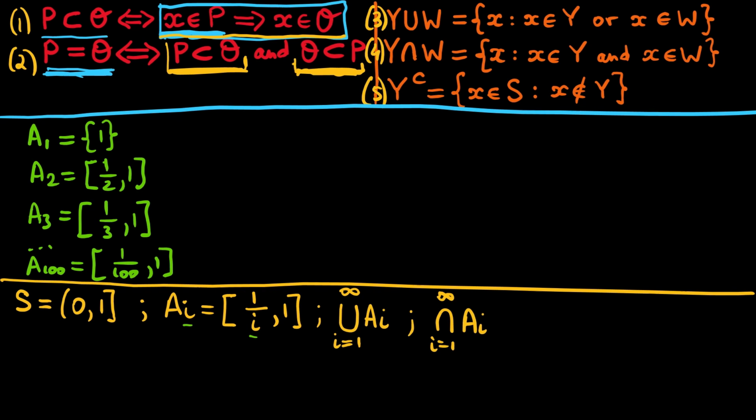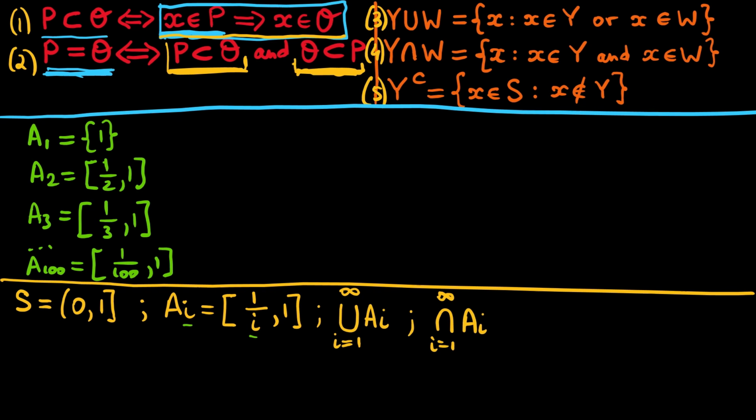So we're interested in all these sets where we let i be an increasingly larger number, and then we're interested in studying the union of these sets and the intersection of them.